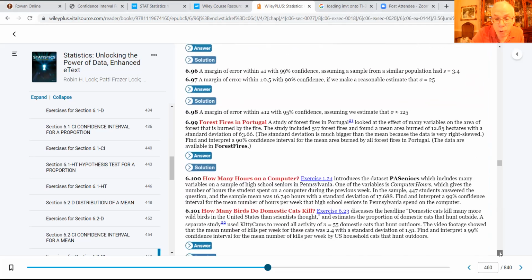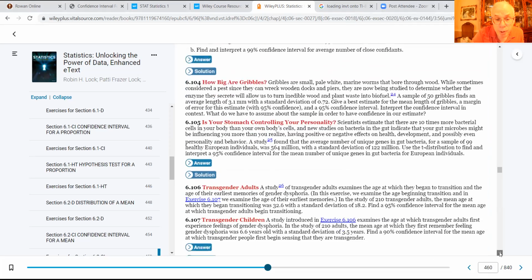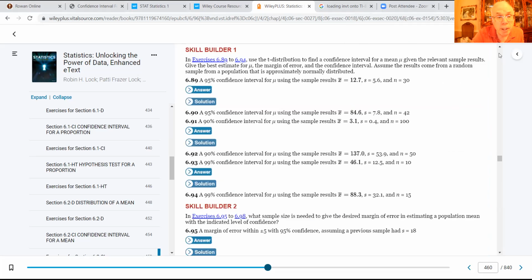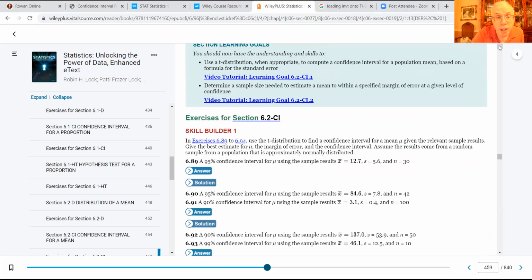Again, let's just do a couple more things here. Let me go back to the beginning of the section. So let's look at the very first exercises at the back of this section.